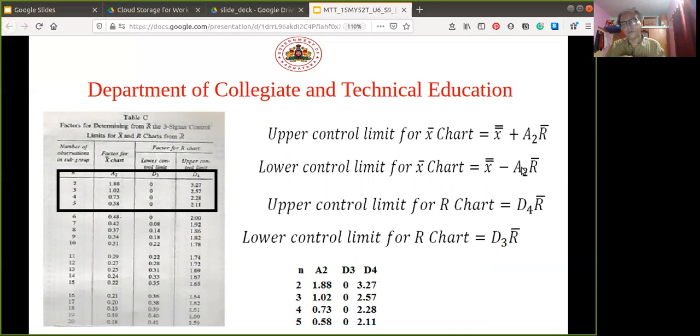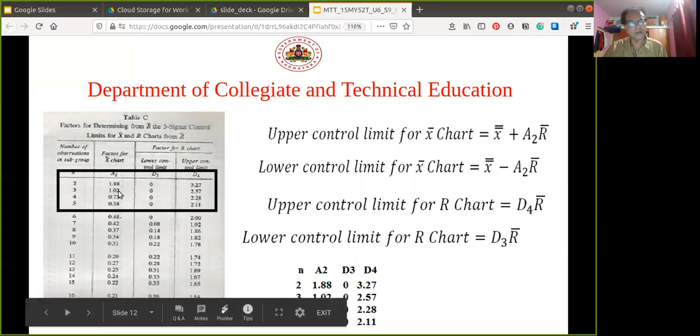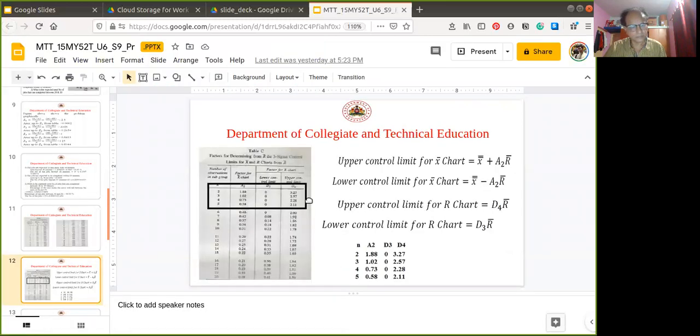We take the A2 value from the table corresponding to the sample size, so sample size 2, 3, 4, like that.